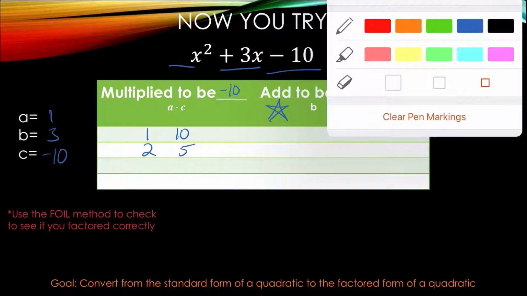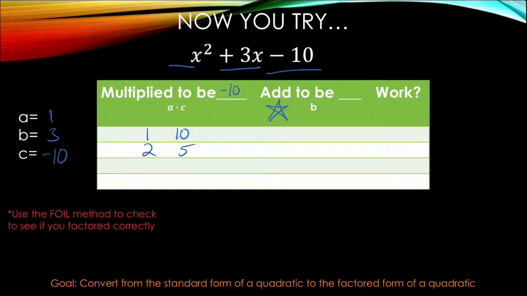All right. So next, this is where I'm going to figure out my addition and subtraction. It needs to add to be a positive 3. So here's the thing. On this step right here, this multiplied to be negative 10, I know to multiply to get a negative number, one number has to be positive and one number has to be negative. That's the only way I can multiply two numbers to get a negative number.